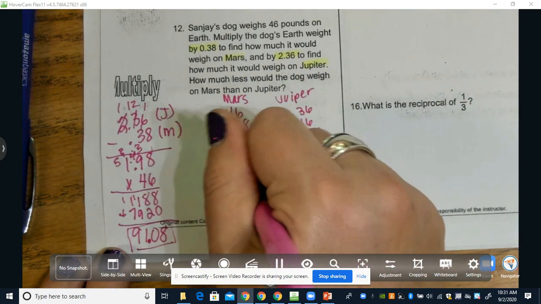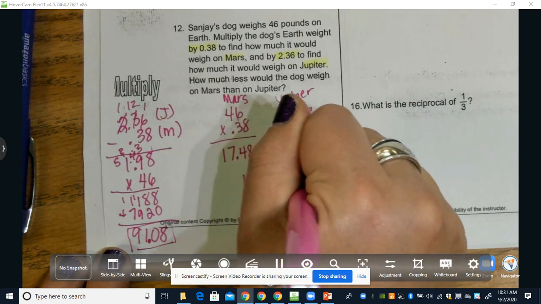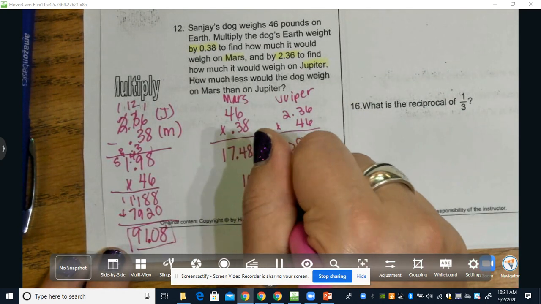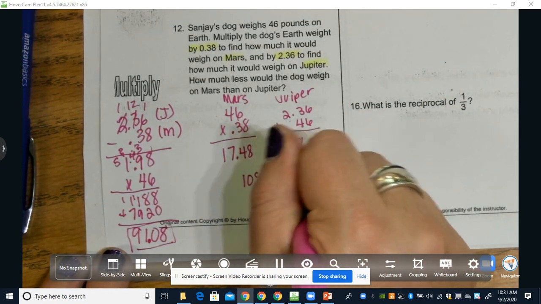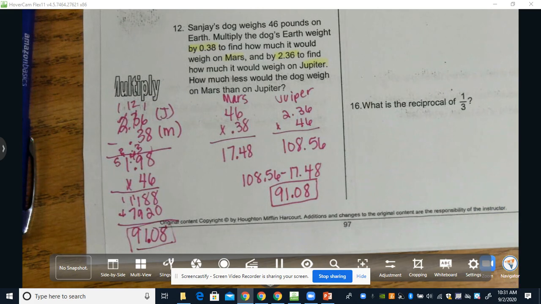And when I subtract the two, 108.56 minus 17.48, again, I still get 91 pounds and 8 hundredths of a pound. So do you see both ways? And I can still get the same answer.